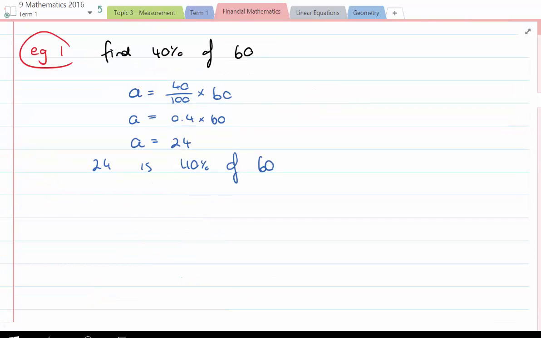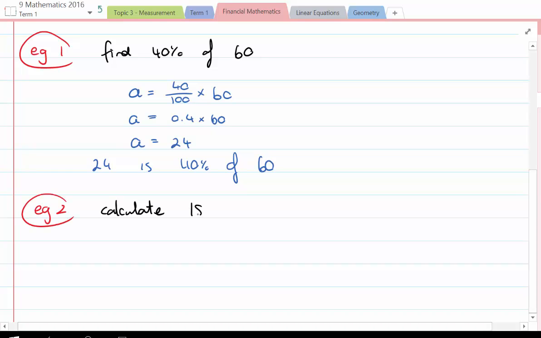If we wanted to find a larger value, so let's say, for example, we want to calculate 180% of 20, then the amount would be 180 over 100, so the percentage over 100, and then multiplied by the original amount, which is 20.